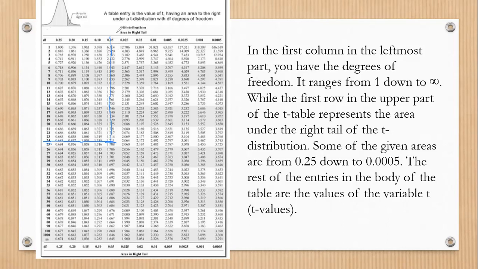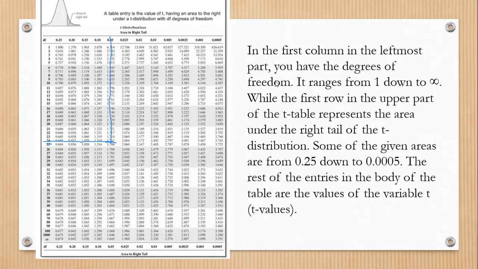But then again, you need to consider whether it is a one-tailed test or a two-tailed test. If it is a two-tailed test, then you need to divide the level of significance. Say your level of significance is 0.05. If it is two-tailed, then you divide it by 2, then you will refer to 0.025, this column, to find the area of that.